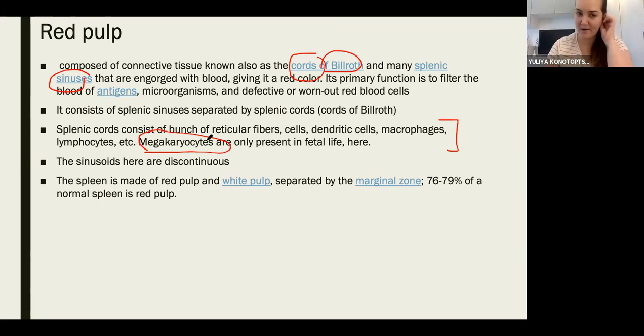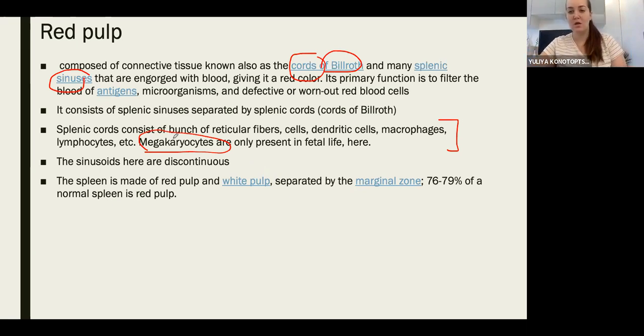So the reason why megakaryocytes could be present in the cords of the red pulp is because the spleen is a hematopoietic organ. So you will not only see megakaryocytes, you will also see proerythroblasts, promonocytes, any kind of cells which can give you any cell in the blood.